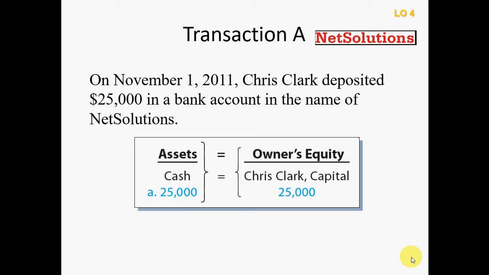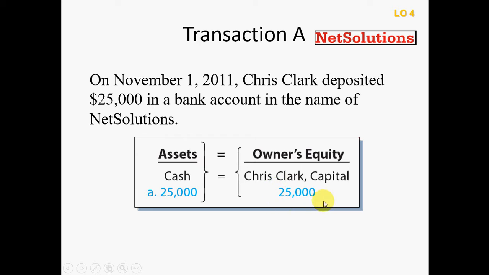So we can see that cash has increased by 25,000 under the assets, and similarly Chris Clark, capital under owner's equity, has increased by 25,000. So the left hand side is equal to the right hand side.